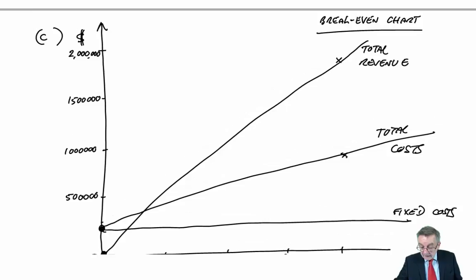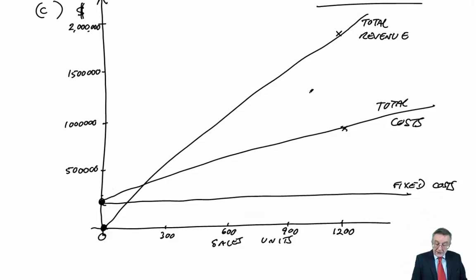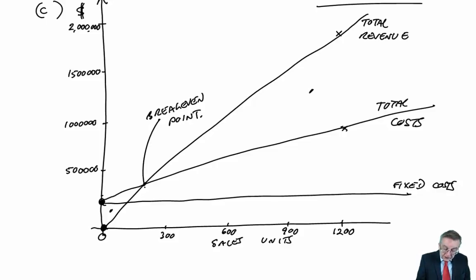Well, of course, when revenue is greater than costs, we're making a profit. When revenue is less than costs, we're making a loss. Break even is this point here. And so the break even units you could read off on the bottom axis.